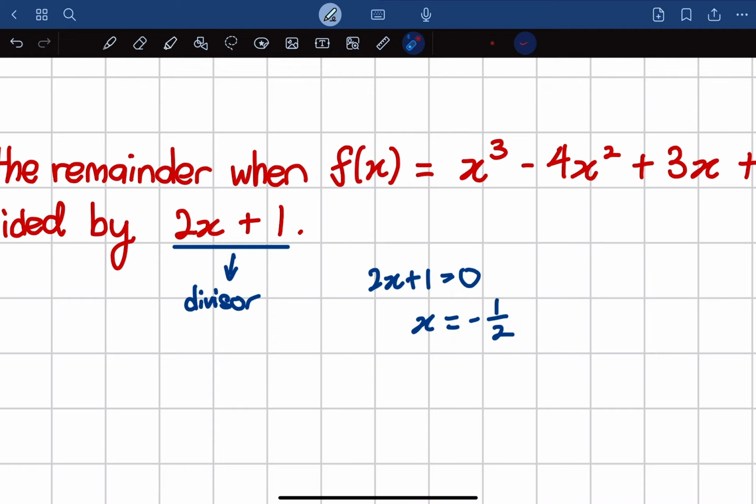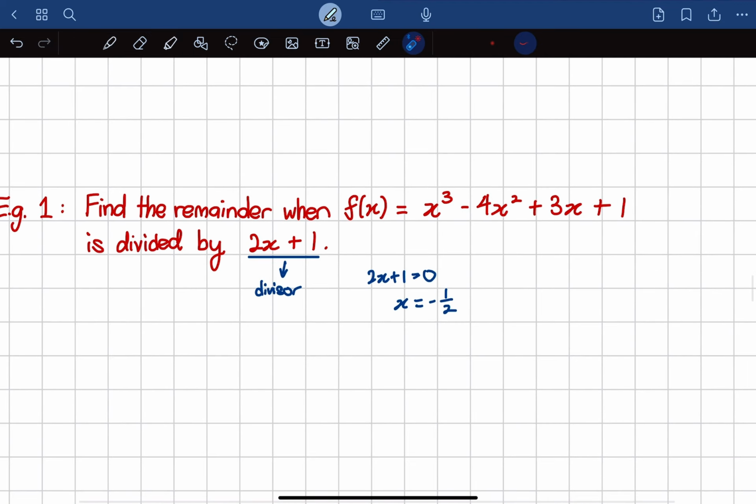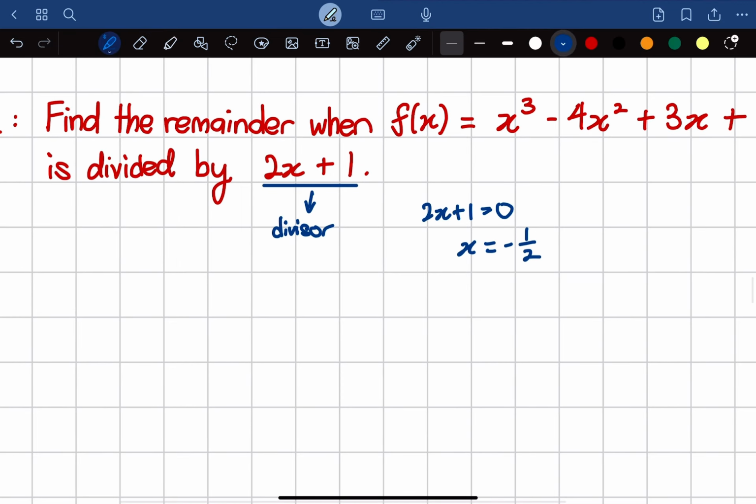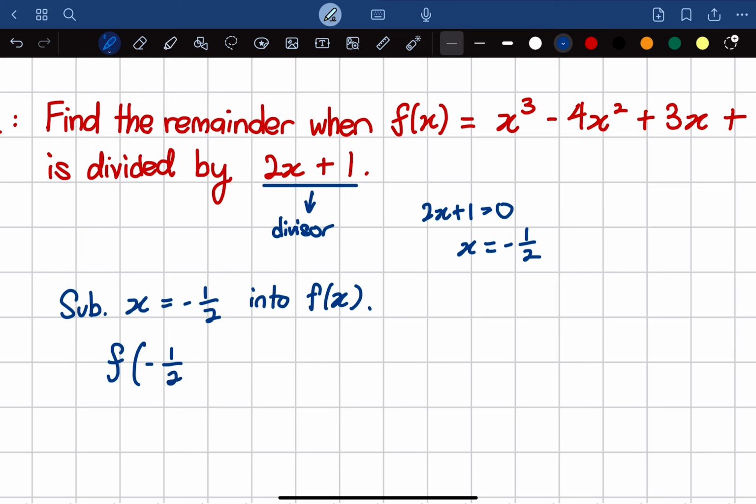The proof of this can be found in the notes, but going back to applying the remainder theorem itself, for this question we simply sub x equals negative half into f(x). So I simply replace my x with negative half. It is very important to equate the divisor to 0, otherwise a lot of students will get confused and miss out this negative sign, which is very, very important.